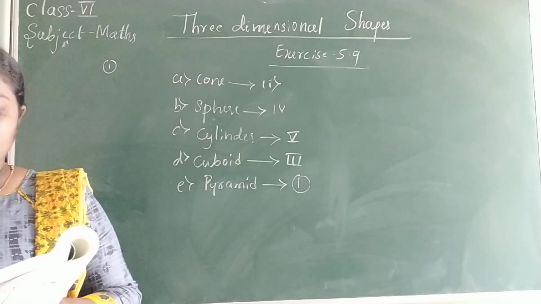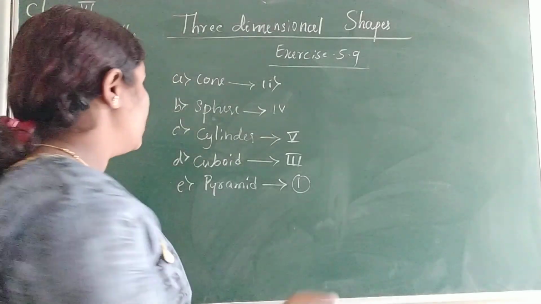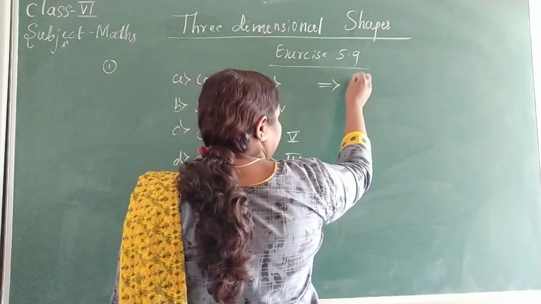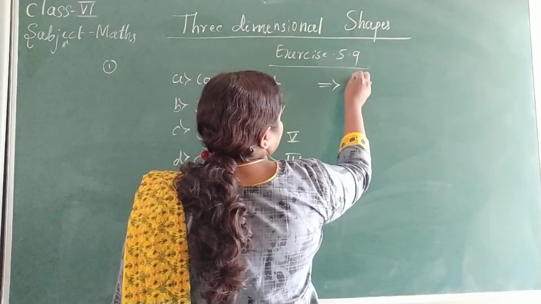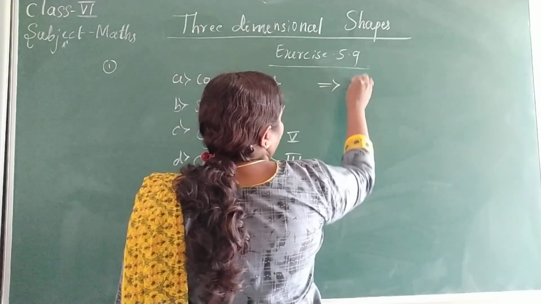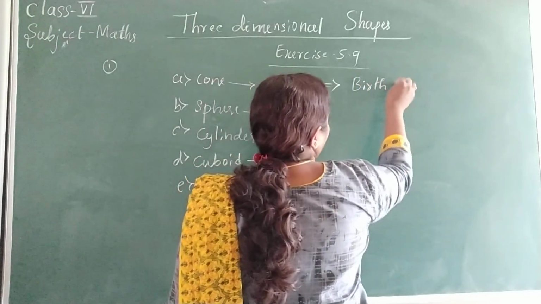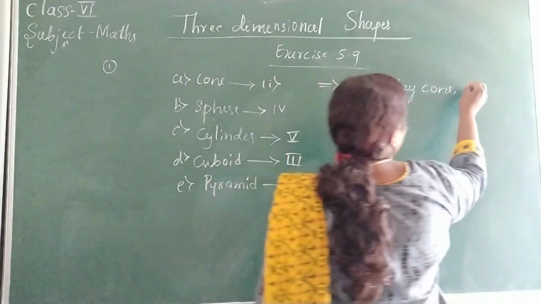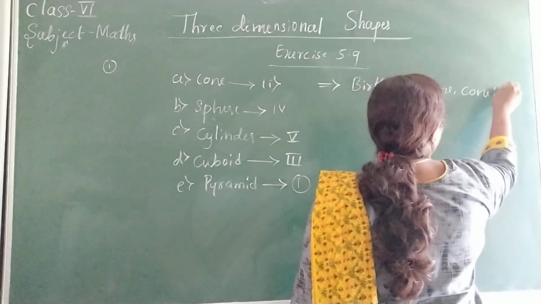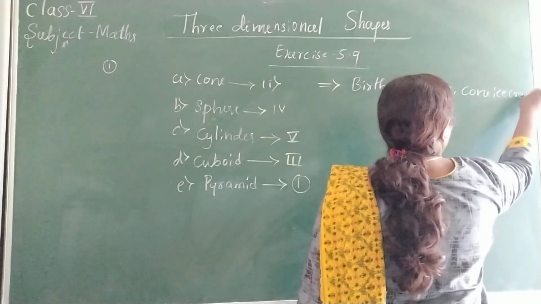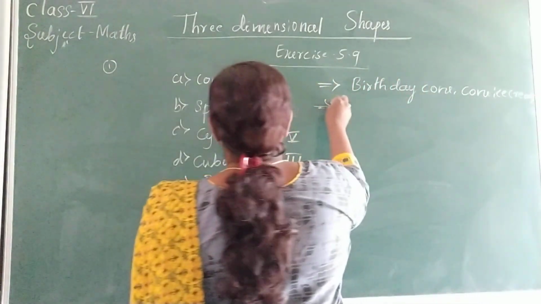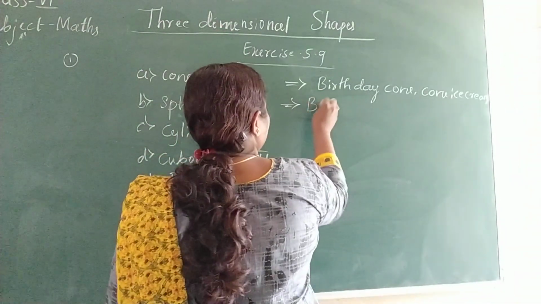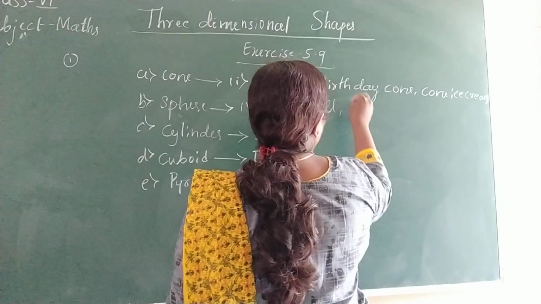Give 2 new examples of each shape. So first, for cone I will give ice cone, birthday cone, and cone ice cream. Then for sphere, ball, then football.